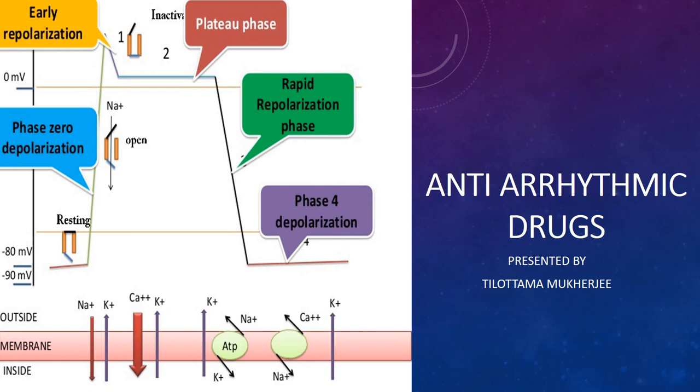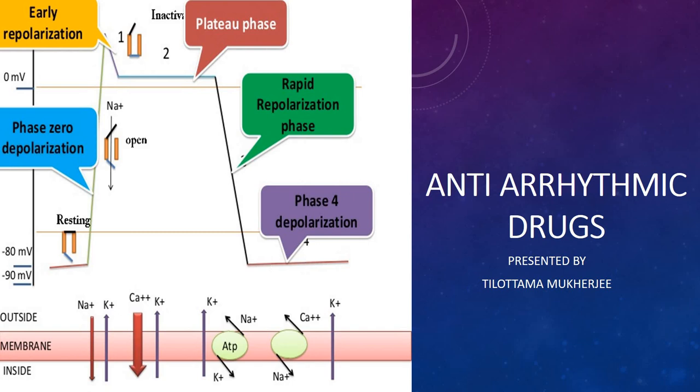On the right hand side, you can see a graph depicting the electrophysiology of the heart, ranging from minus 90 mV to positive 30 mV. It comprises phases: first depolarization, next repolarization, next the plateau phase, next rapid repolarization, and then again depolarization.